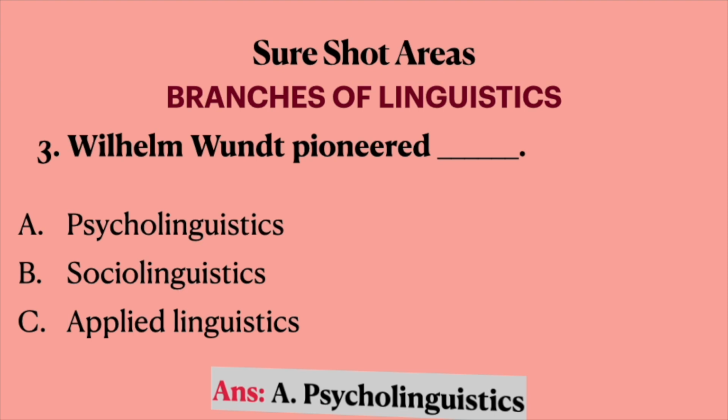Yes. Wilhelm Wundt was actually the father of psychology, not only psycholinguistics. He gave psychology a very scientific foundation. You know what he did? He established a lab and used scientific methods to study human mind and human behavior.